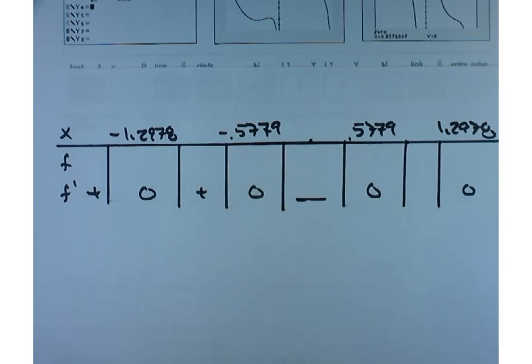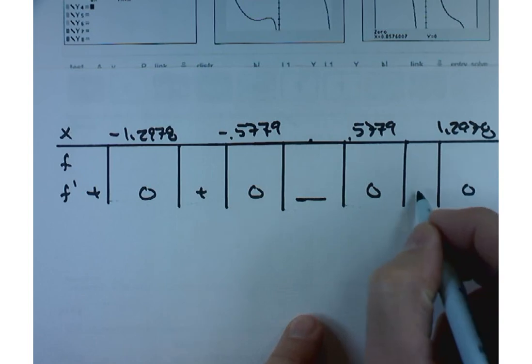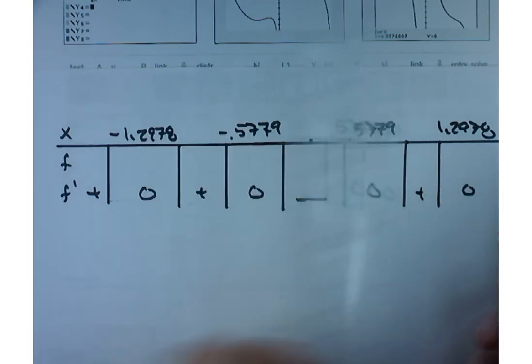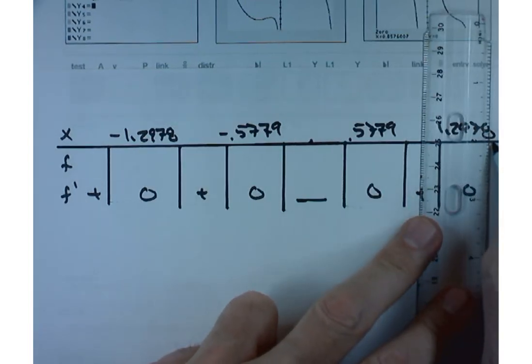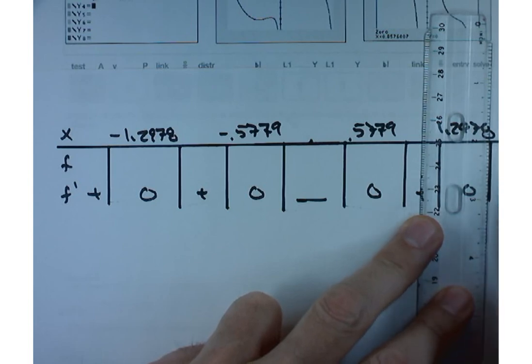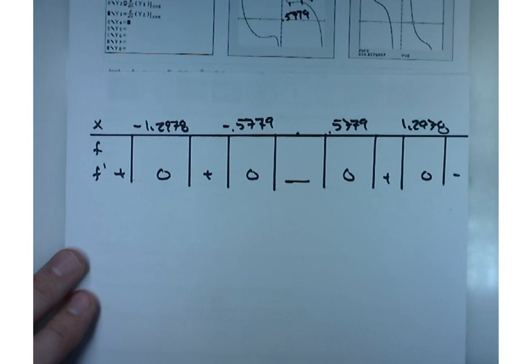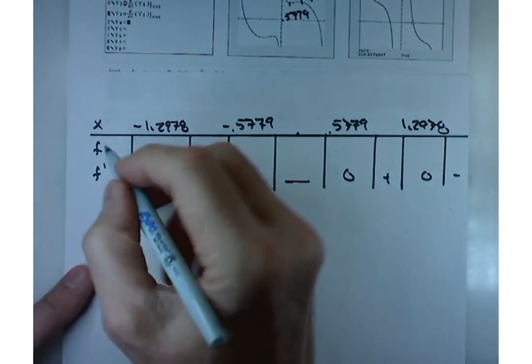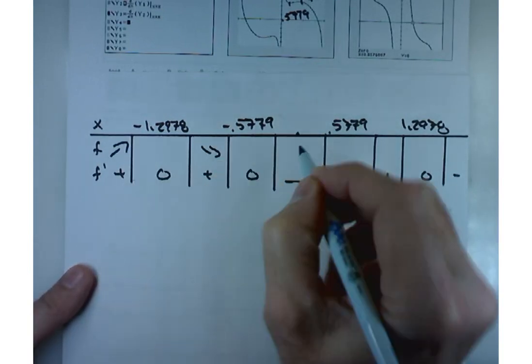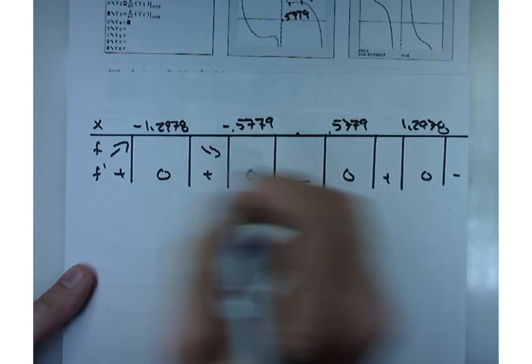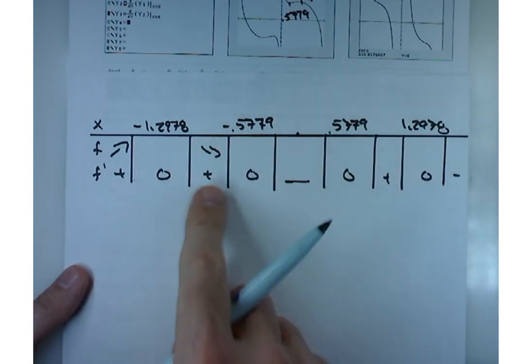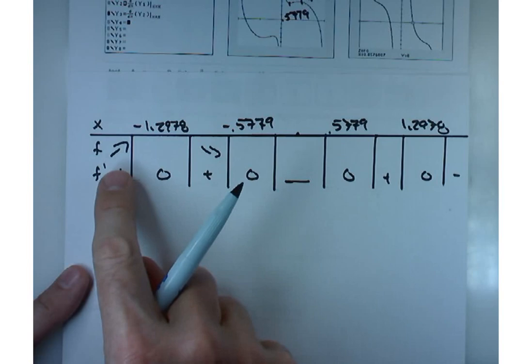But then positive, and then finally negative again. But we've got a lot of information now. We know that the function is increasing, then decreasing, excuse me, other way around. Wait a minute. This should have been negative, right? Yeah. There we go.